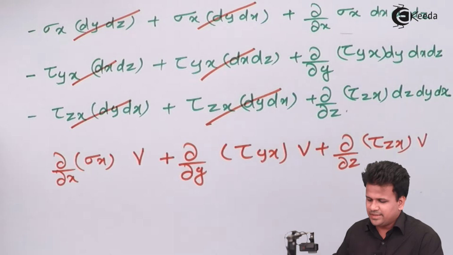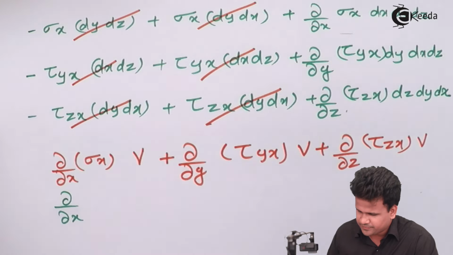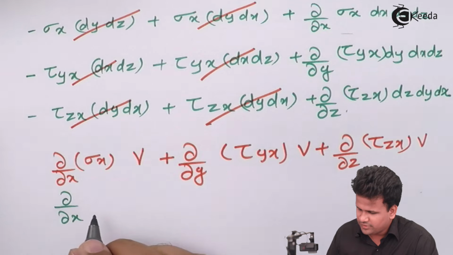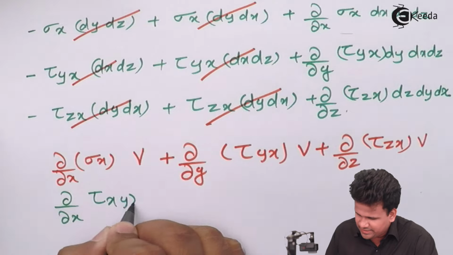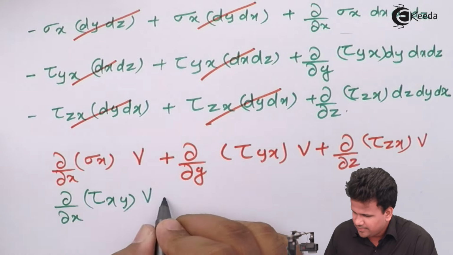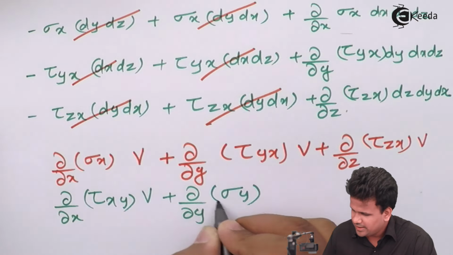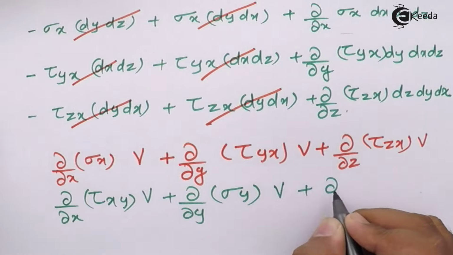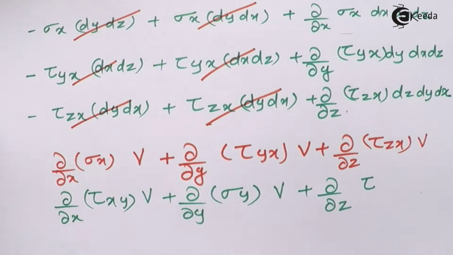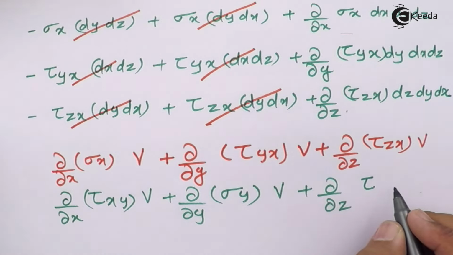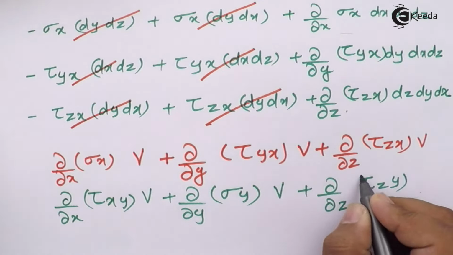Similar to this we can write, this will be dou by dou x of tau of x plane y direction into volume, plus dou by dou y of sigma y into volume, plus dou by dou z of tau of z plane y direction into volume.